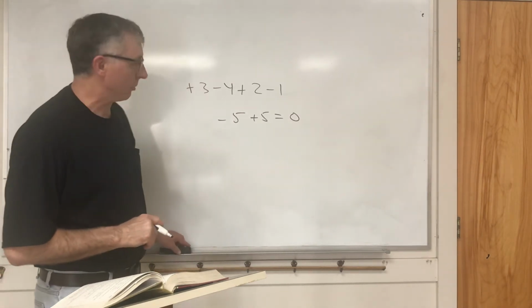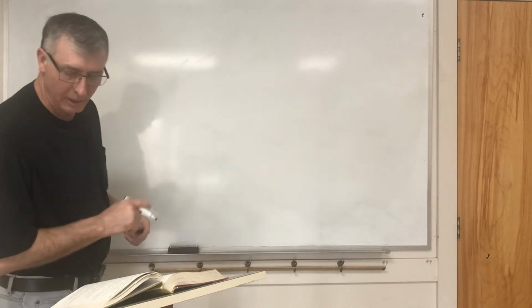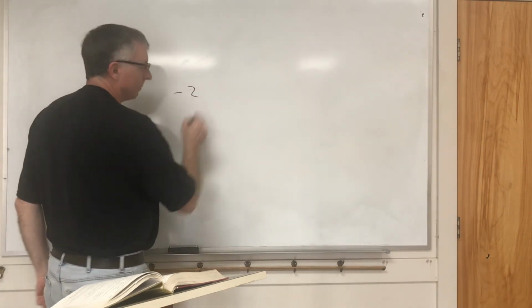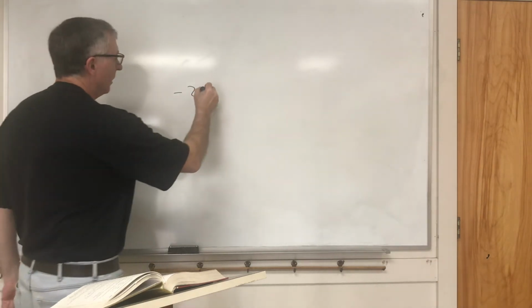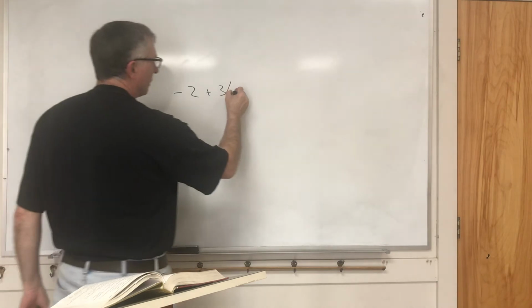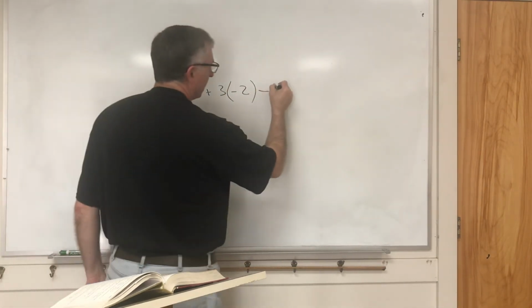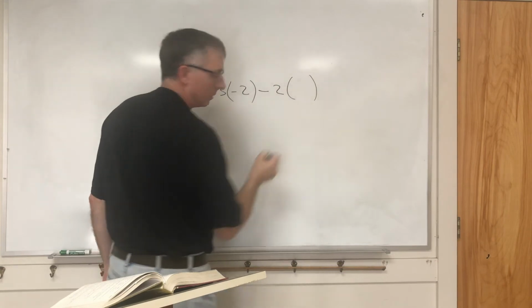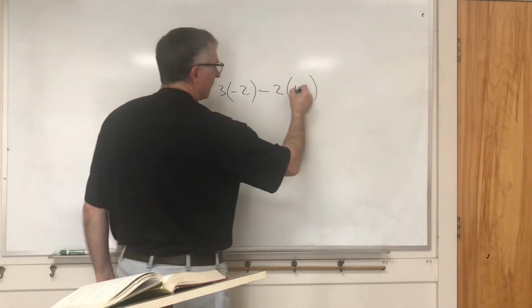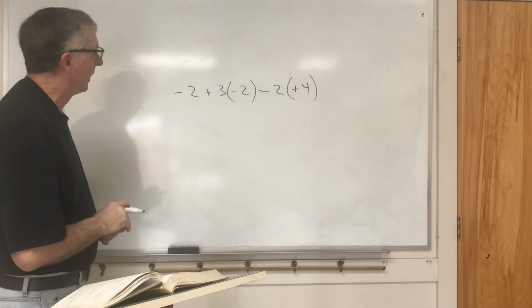Let's go to example 3. Negative 2 plus 3 minus 2 minus 2 plus 4, multiply times plus 4. Okay, taking it step by step.